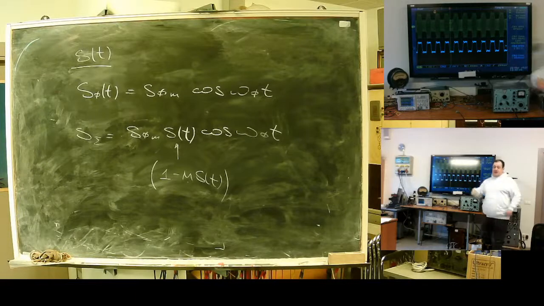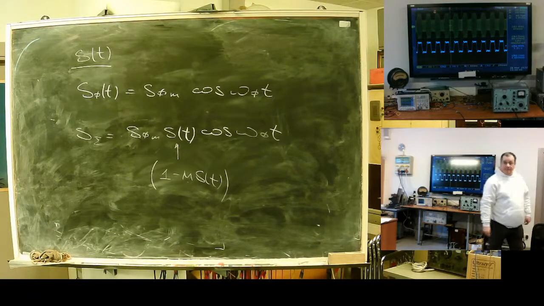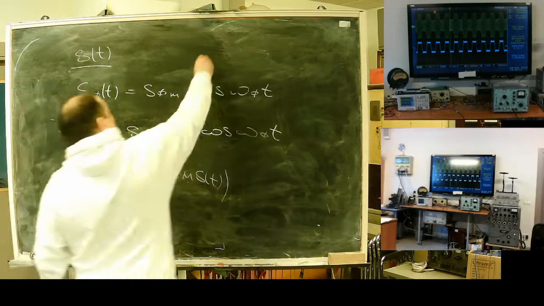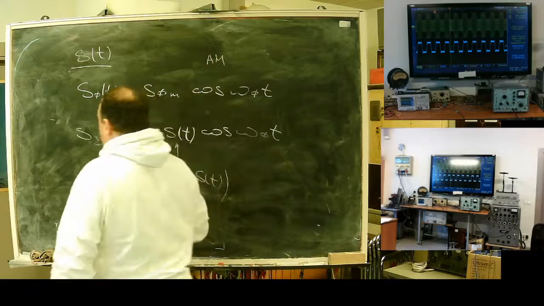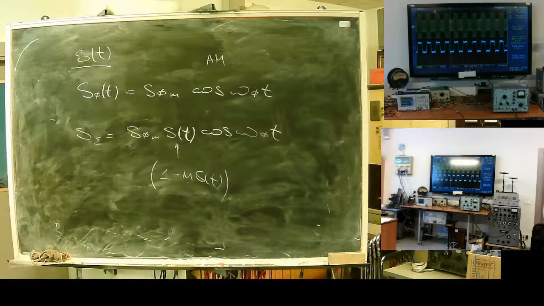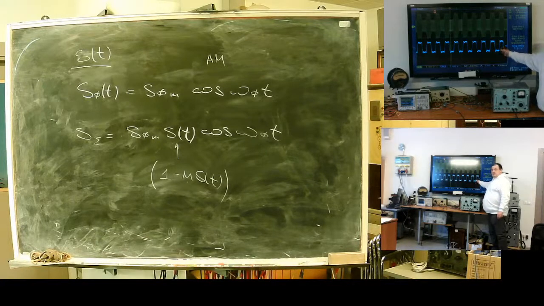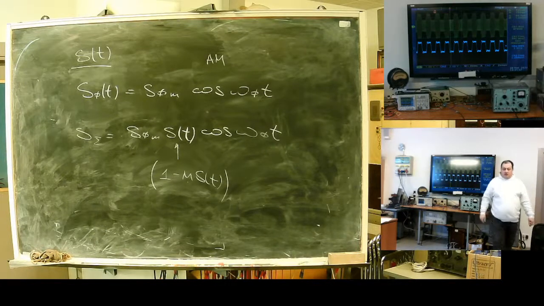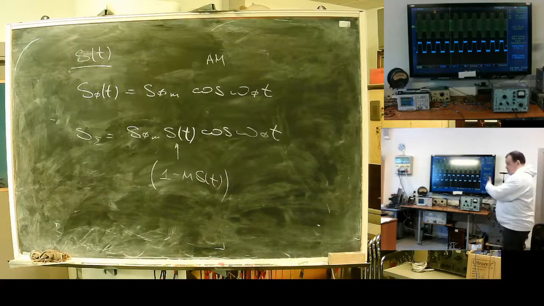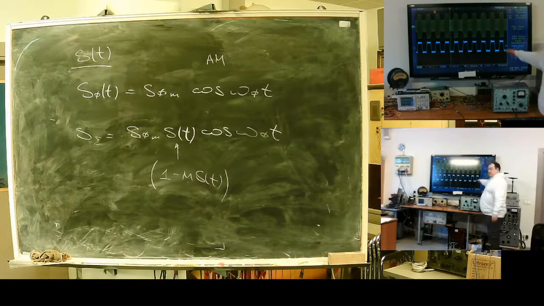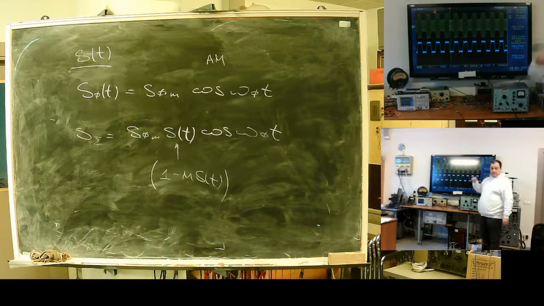It's the way I can transfer information. Such a process is called amplitude modulation, because the amplitude of the carrier harmonic signal, in my case at 100 kilohertz, is subject to the information. What kind of information? Rectangles. But I can use it for voice, for sound, for data. This can be anything I need to transfer.